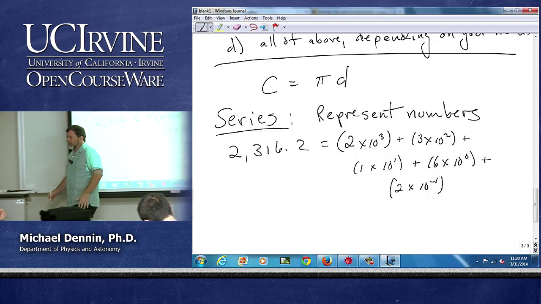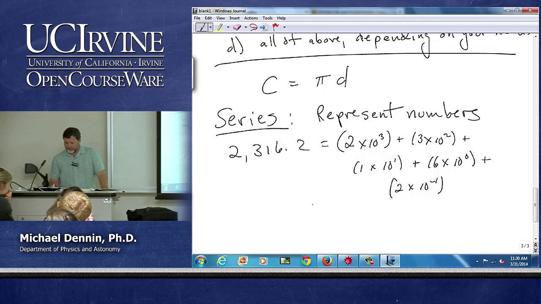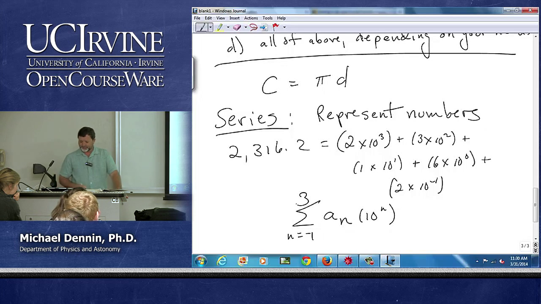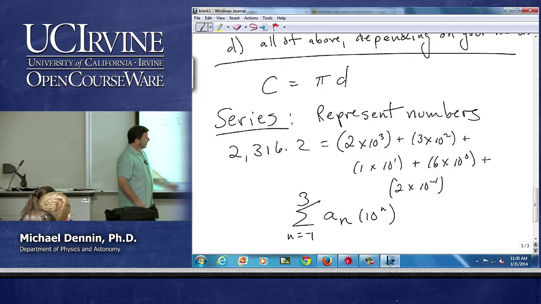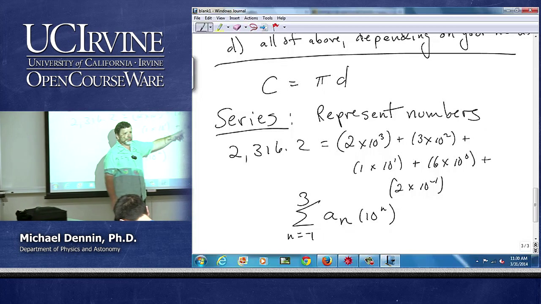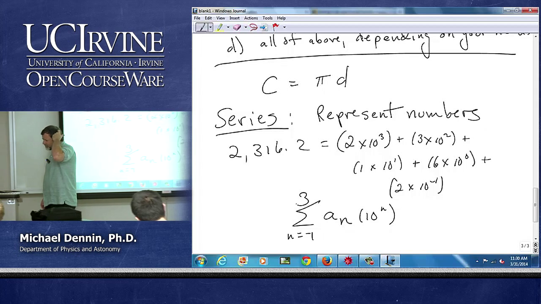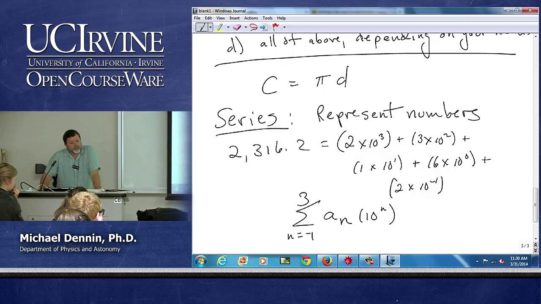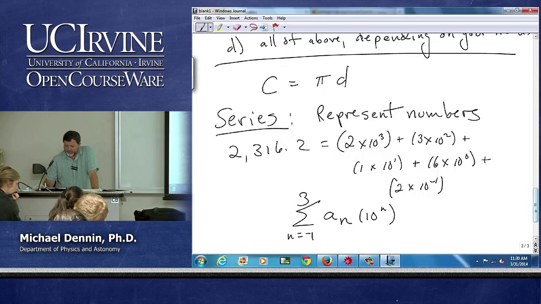In principle, I could write this using series notation if I wanted to, as the sum of a_n 10 to the n from n equals -1 to 3. And I have my a_n's as the numbers out in front. This is one of the things to understand in physics.